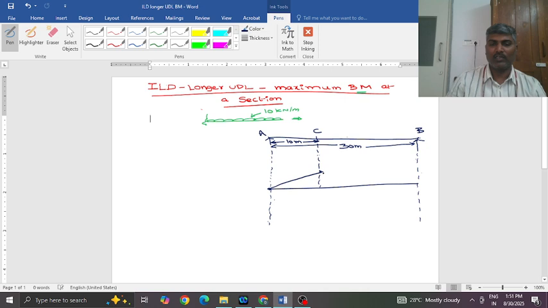Let me go with a bit more ordinate so that we will appreciate the value. It will reach 0 at the other end. This height at C is what we call the YC value.